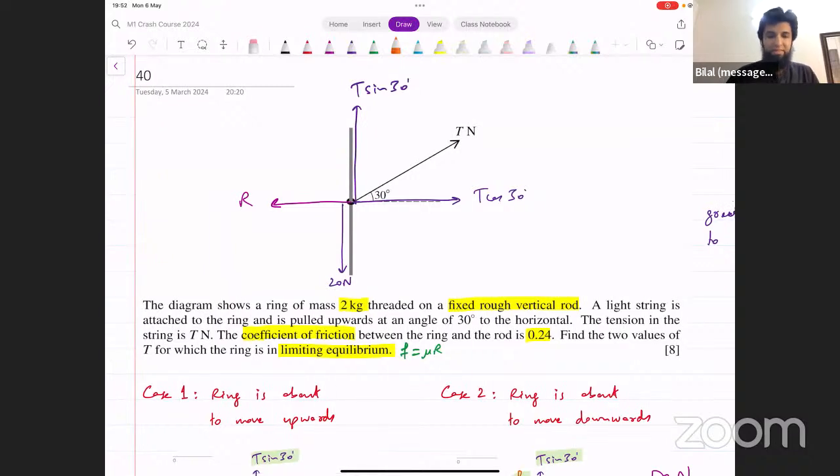You would say, let's consider the extreme case, that the ring is just about to start moving. What would that case be? That the ring is just about to slide upwards. So you would say it's in limiting equilibrium with the ring about to move upwards. You would make a case like this, and that will give you the greatest possible value of T, right?